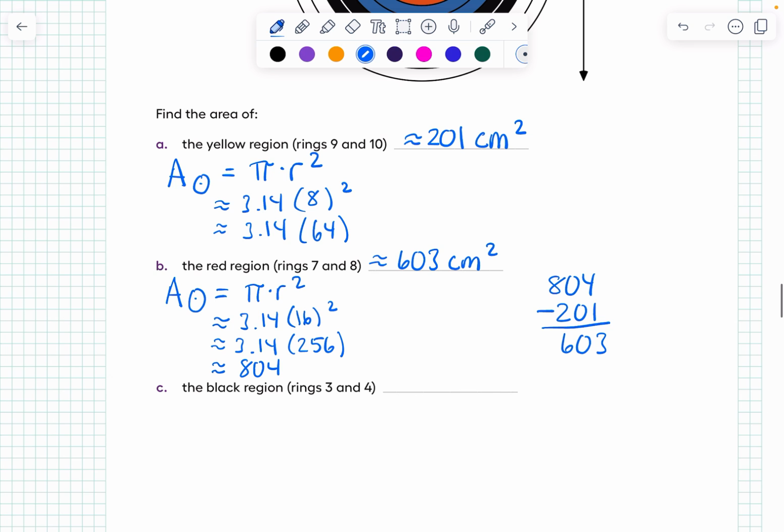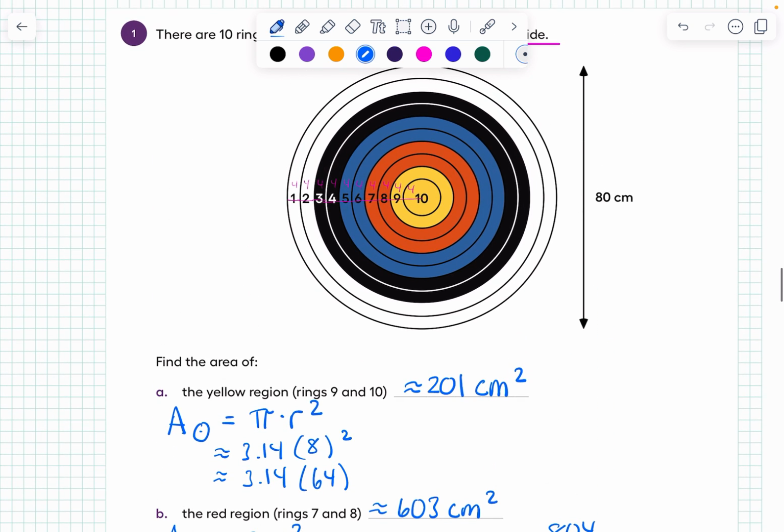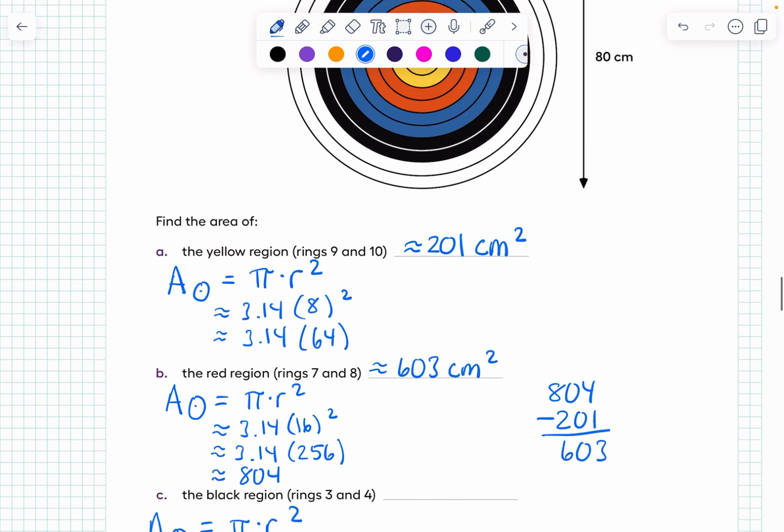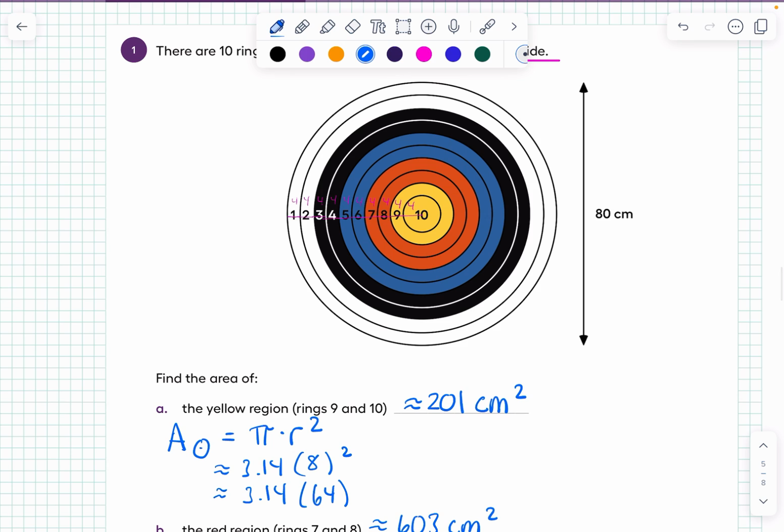All right, the black ring, rings 3 and 4. All right, so let's write down our formula because that's what we got to do first. And we all know that pi is 3.14. So what we need to know is the radius of the black ring, okay?